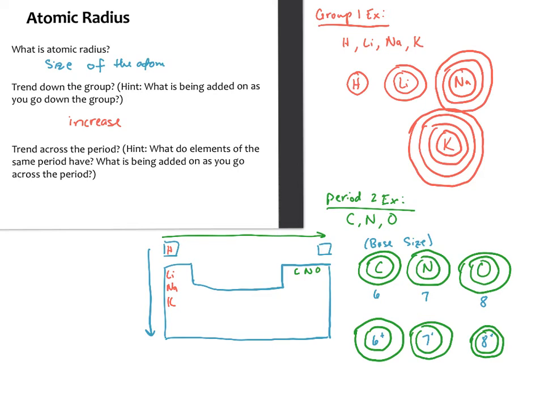But the gap between the rings decreases because you have a stronger nucleus with more protons being added. So your size decreases as you go across the period because of nuclear charge. They have the same base size with the same number of electron shells, but the stronger your nucleus gets, the tighter it pulls, decreasing the gaps between these rings.